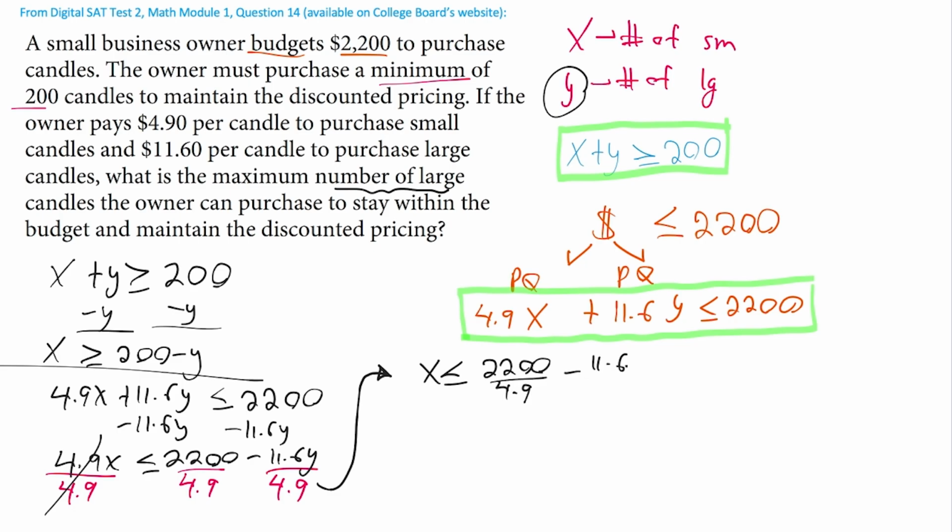minus 11.6y over 4.9. And now when we step back and analyze these inequalities, we have x is bigger than some number. If x is bigger, that makes this kind of the smaller number, and x is smaller than this other number. So if x is smaller, that kind of makes this the bigger one.